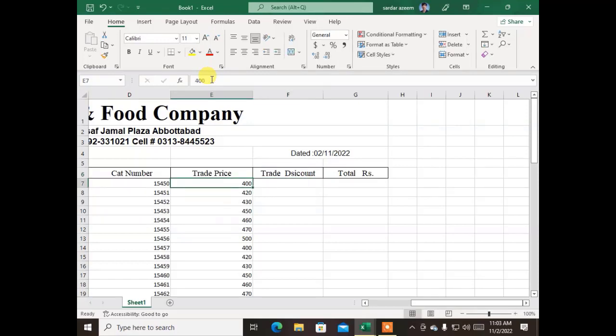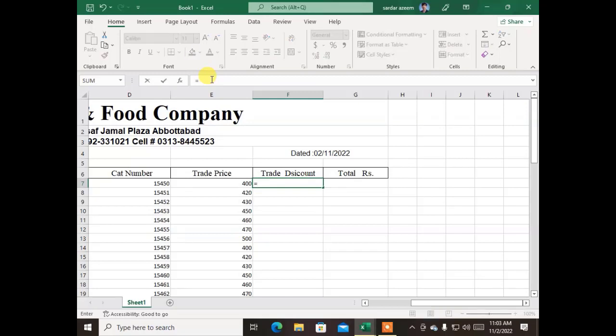Now, often companies provide 10% or 8% discount over the wholesale trade of goods. For example, our company gives a 10% discount to the wholesaler or a shopkeeper. How will it be applied here?